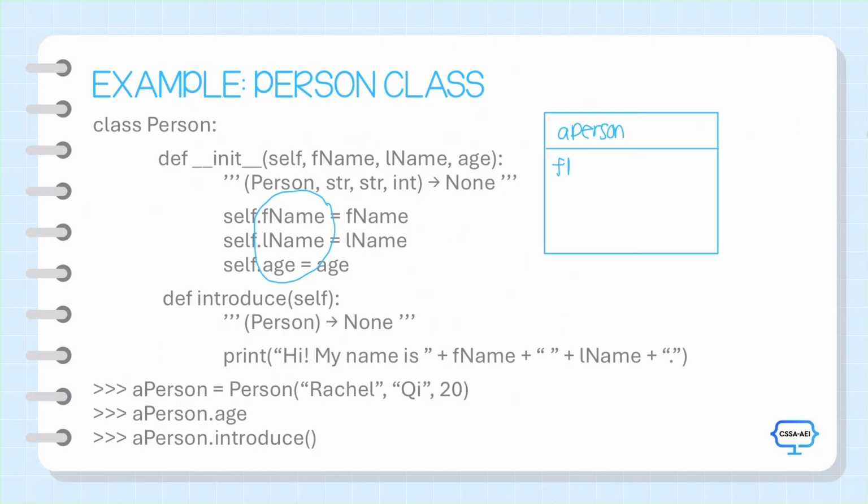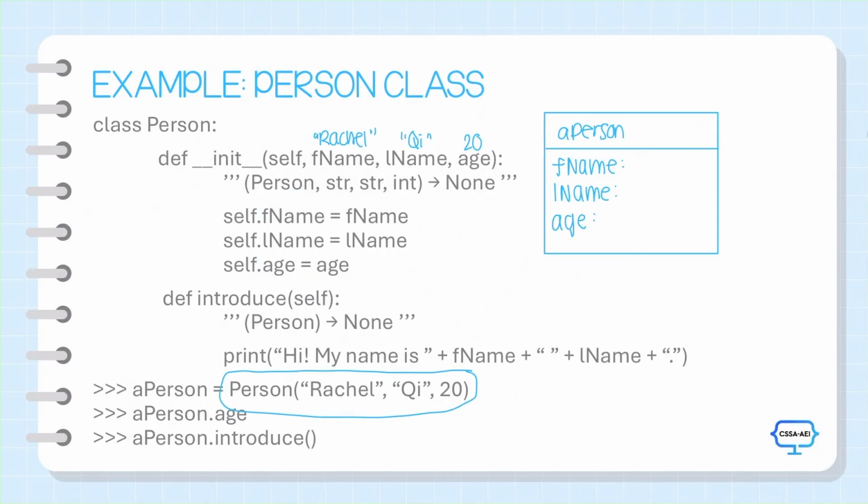So they have a first name, a last name, and an age, okay? And in my constructor, to create a person, I passed in those variables, okay? So I passed in a first name, I passed in a last name, and I passed in an age, okay? So right now, this is Rachel, this is Q, and this is 20, okay?